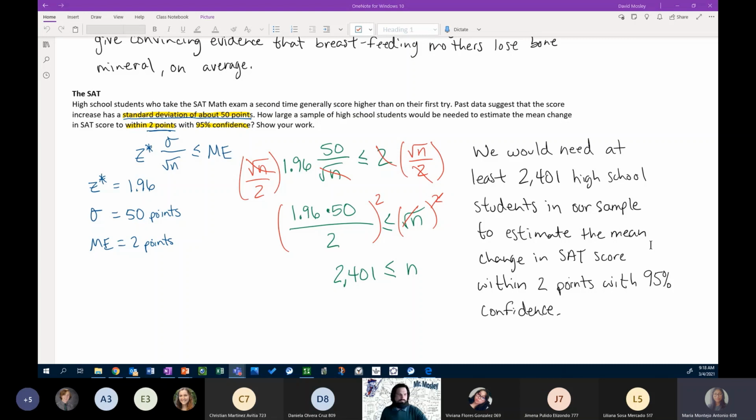Why did you get 1.96? So the 1.96 comes from the Z star, which is from table A, with a 95% confidence interval.